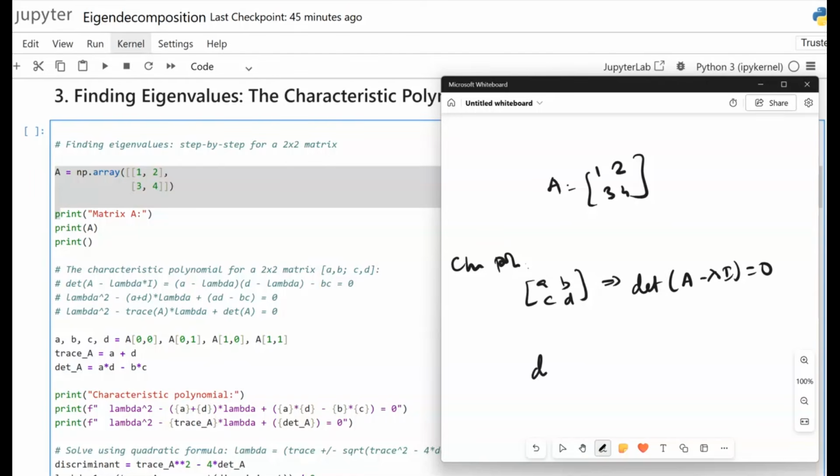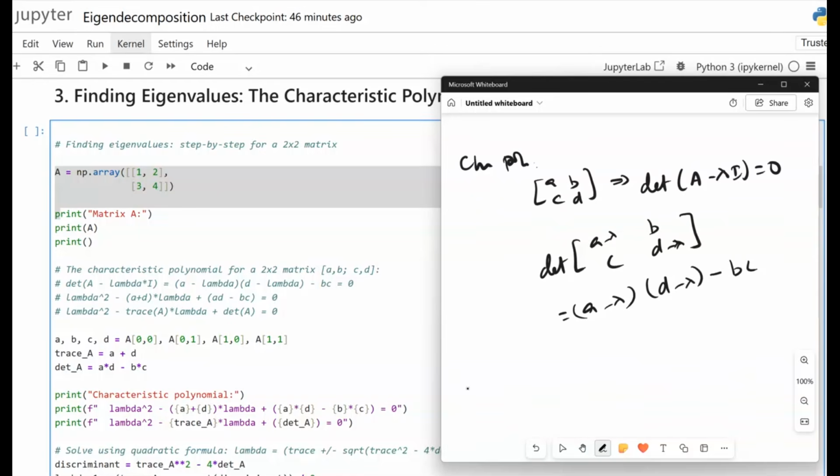So here the determinant of [a minus lambda, b; c, d minus lambda] is equal to (a minus lambda) multiplied by (d minus lambda) minus bc. On simplifying this, we get lambda squared minus (a plus d) lambda plus (ad minus bc), which is equal to 0.